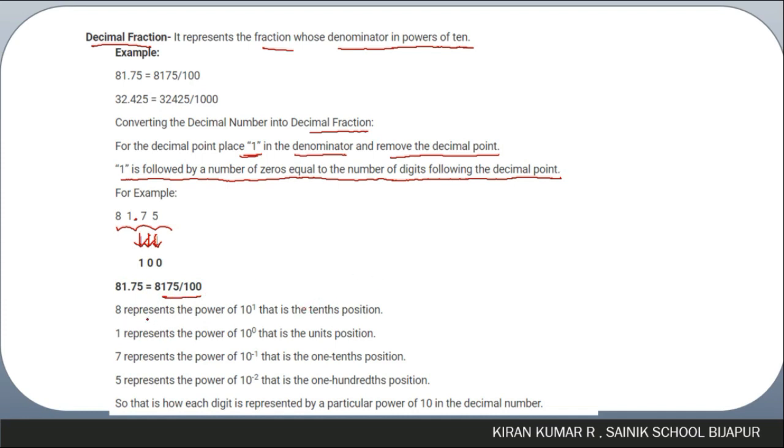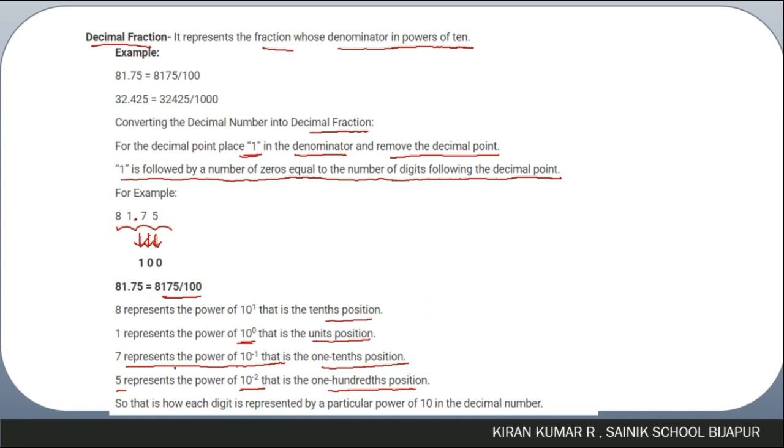8 represents 10 raised to the power 1, that is tens place. 1 represents 10 to the power 0, which is units place. 7 represents 10 to the power minus 1, which is tenths place. 5 represents 10 raised to the power minus 2, which is hundredths position.